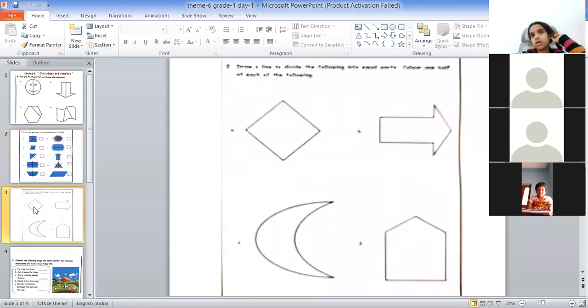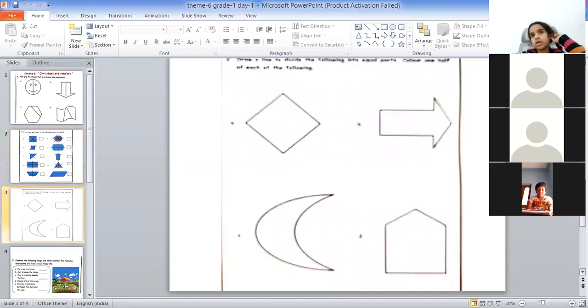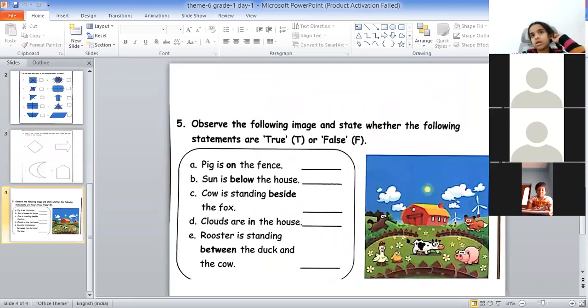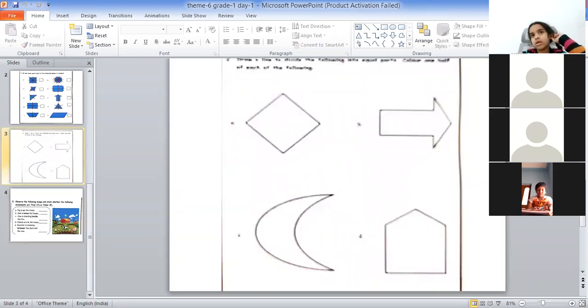Now, according to the instruction, we have to draw the line and divide the given shapes into equal parts, and then we have to color 1/2 of each of the following. So we have to draw one line in each shape, and divide it into equal parts. First of all, we'll be dividing it into equal parts, and then we will be coloring 1/2 of it. Okay, so let us start now. We'll start with the first shape.